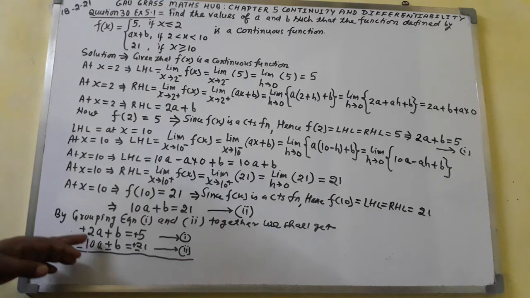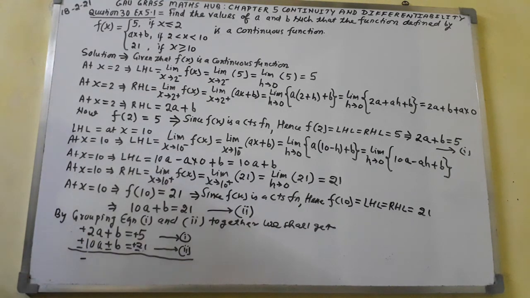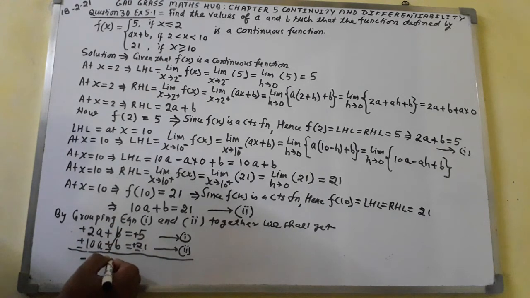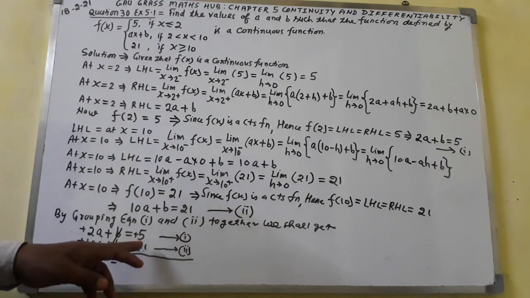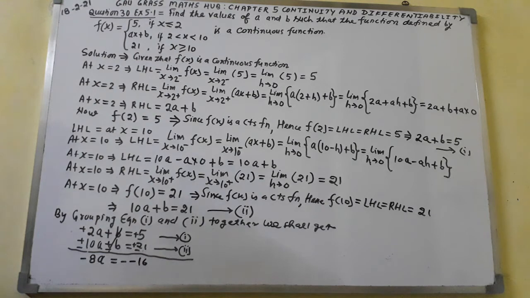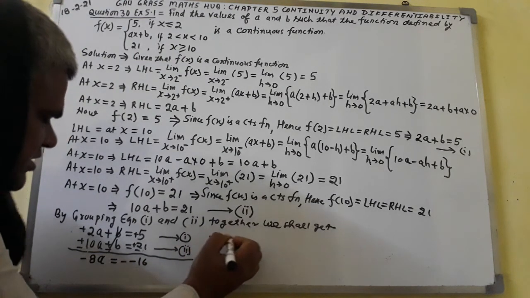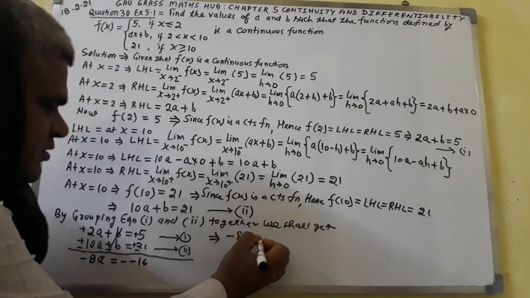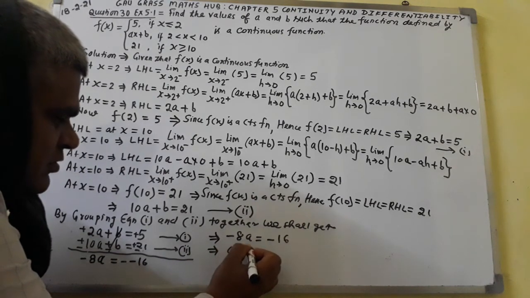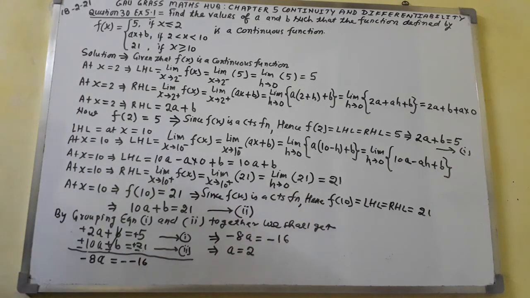Minus 10a plus 2a gives minus 8a, and b cancels out. 21 minus 5 comes out to 16, so minus 8a equal to minus 16, which gives a equal to 2. The value of a is 2.